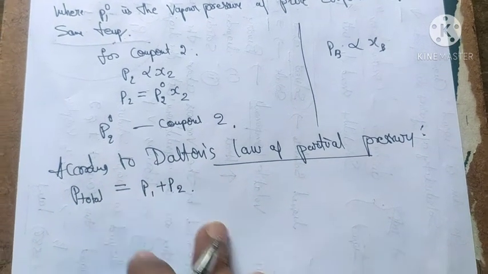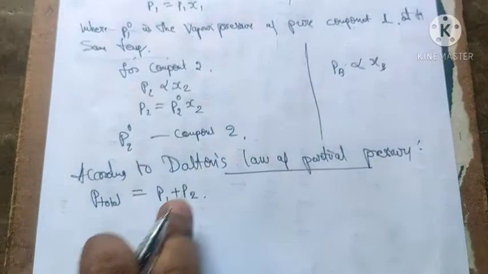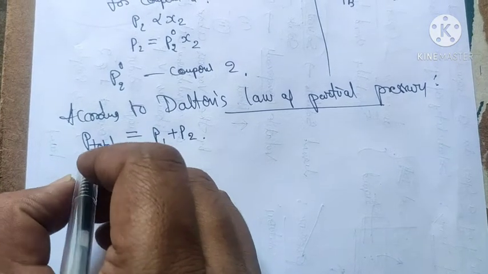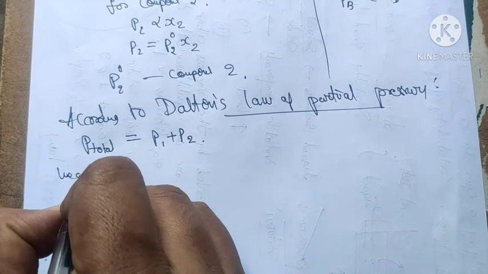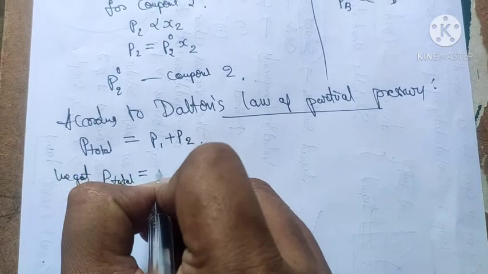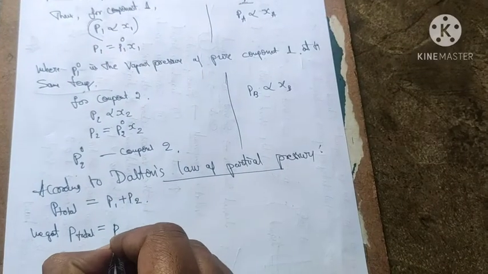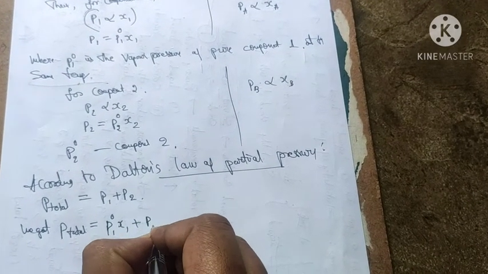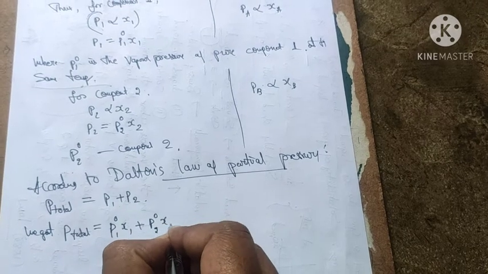Substituting these values, we get P total equals P1 naught x1 plus P2 naught x2.